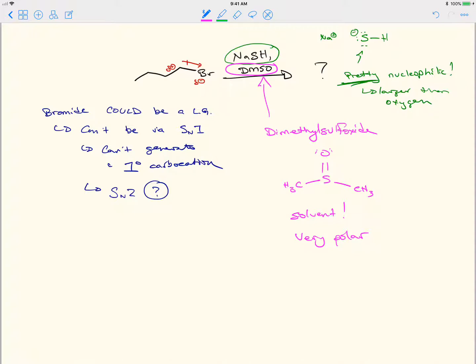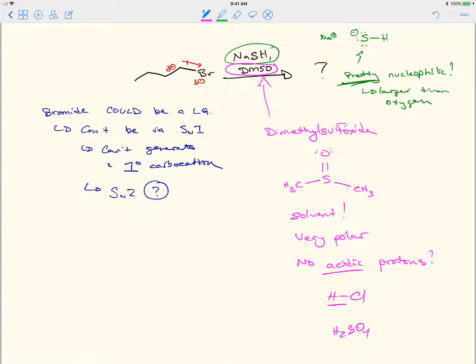But if you notice, there are no acidic protons. What do I mean by acidic protons? Protons that could possibly be abstracted as an H+. Not necessarily acidic in terms of HCl or H2SO4, anything like that. Just a protic solvent is what I'm trying to say.